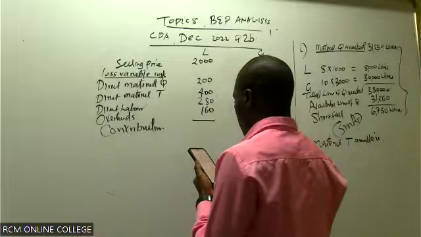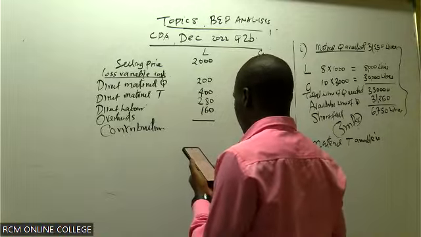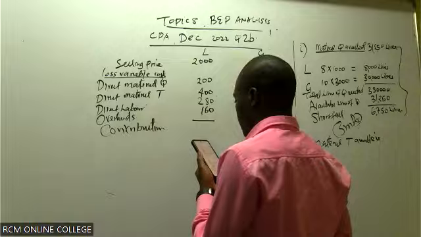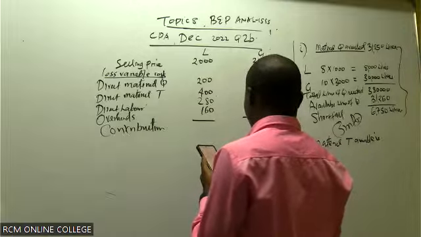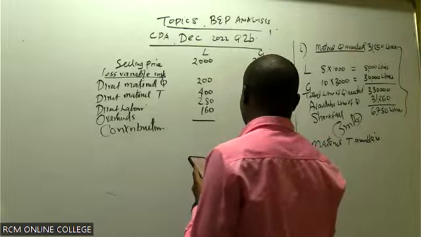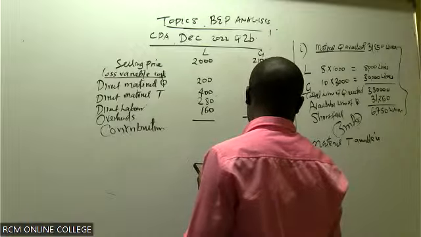That is 10 times 1,000 plus 5 by 3,000. That will be 10,000 plus 15,000.